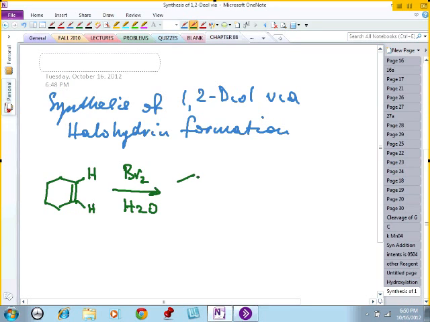So in this case, what would be the stereochemistry? Remember that we form an intermediate bromonium ion, and then it will be trans. So when you use bromine water or chlorine water, you are adding bromine and an OH group across the carbon-carbon double bond, such that they will be trans to each other.